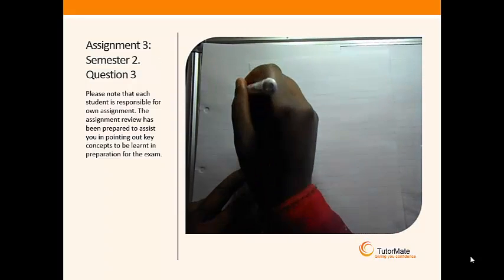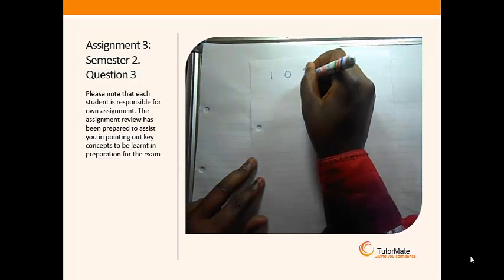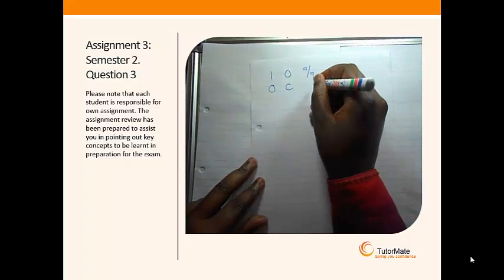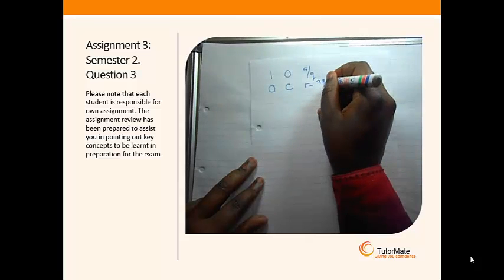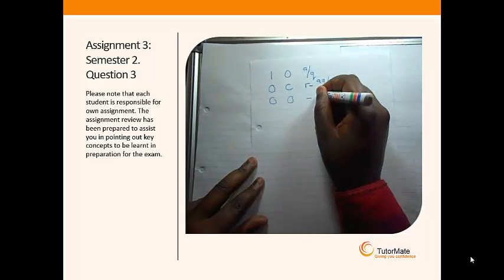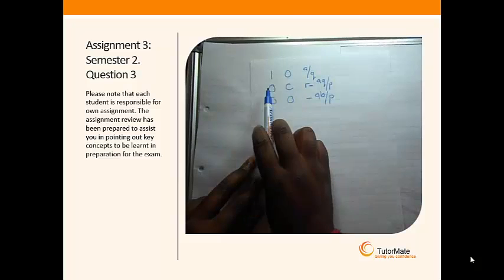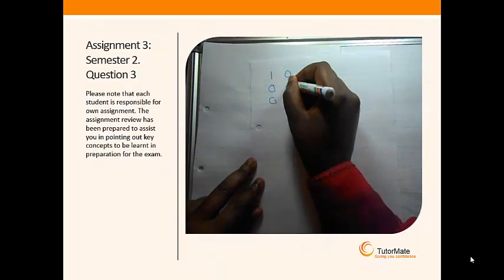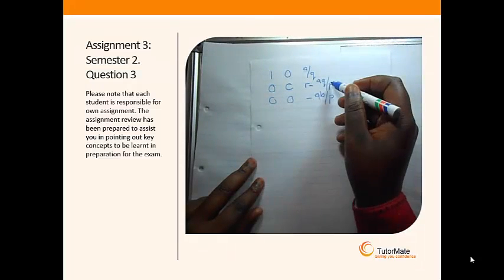If I rewrite the matrix again, I'll have 1, 0, A over P, then 0, C, R minus AQ over P, then 0, 0, minus AB over P. So now I want to change this C into a 1. I have to divide my second row by C.